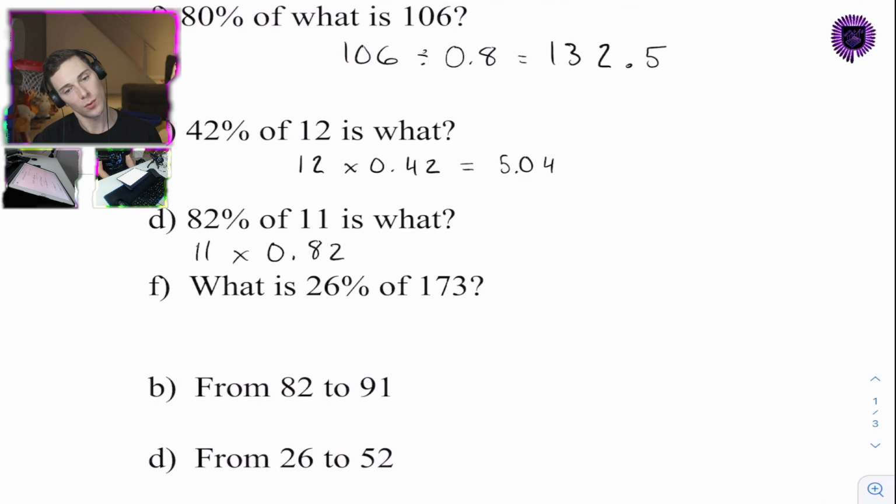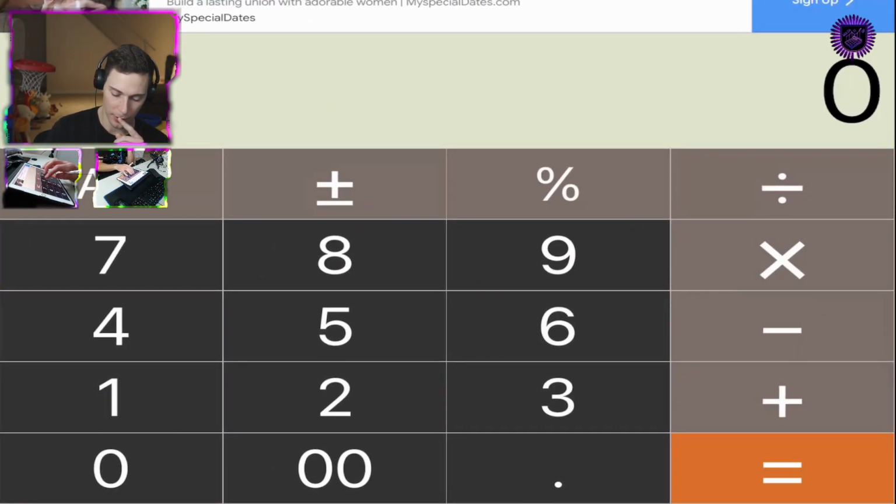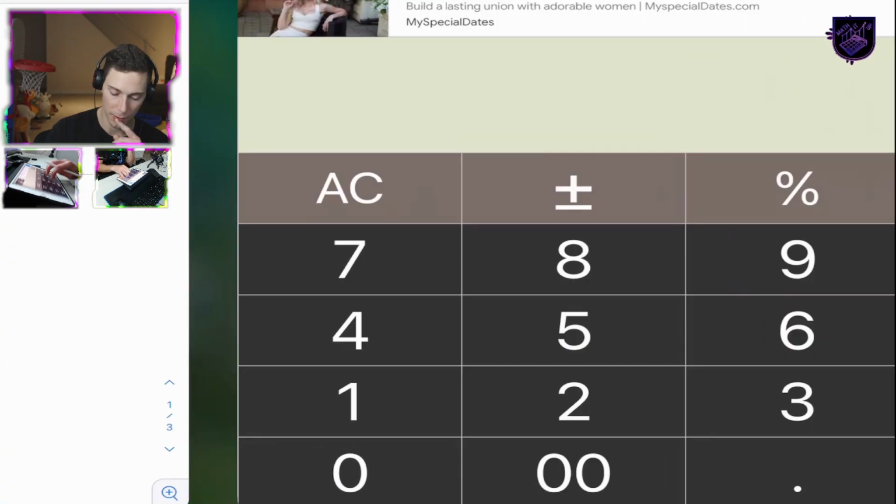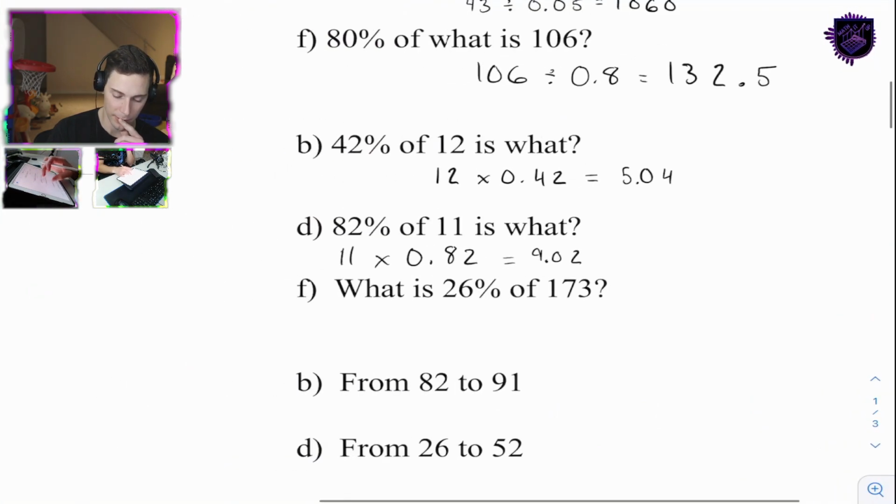Let's see, 11 times 0.82. 11 multiplied by 0.82 equals 9.02. All right, that was correct.